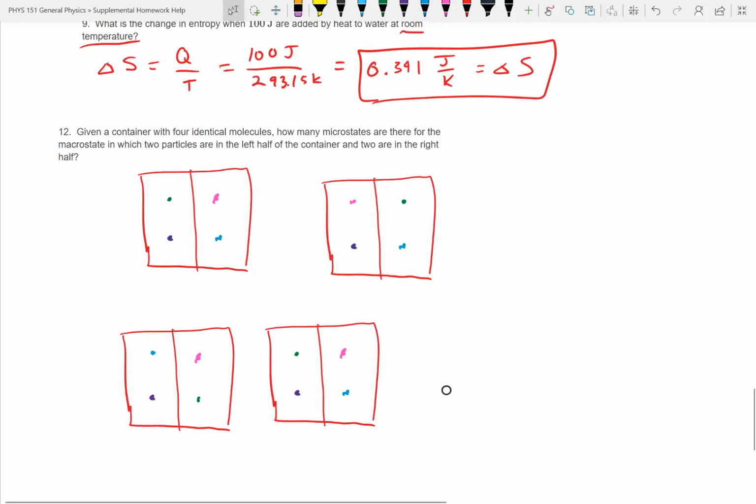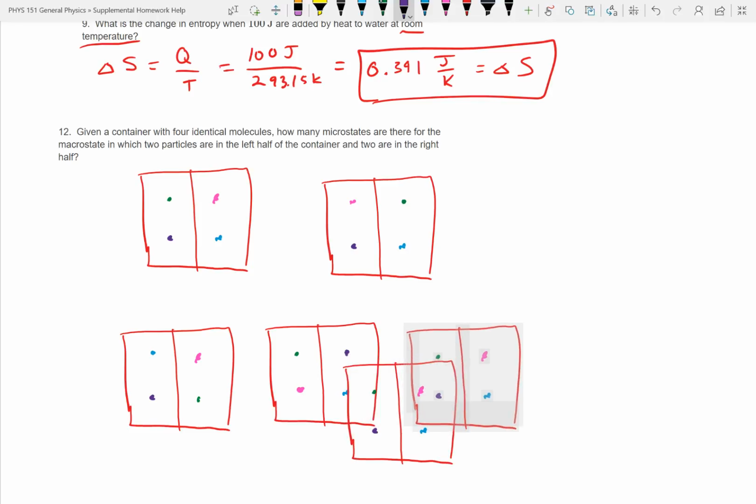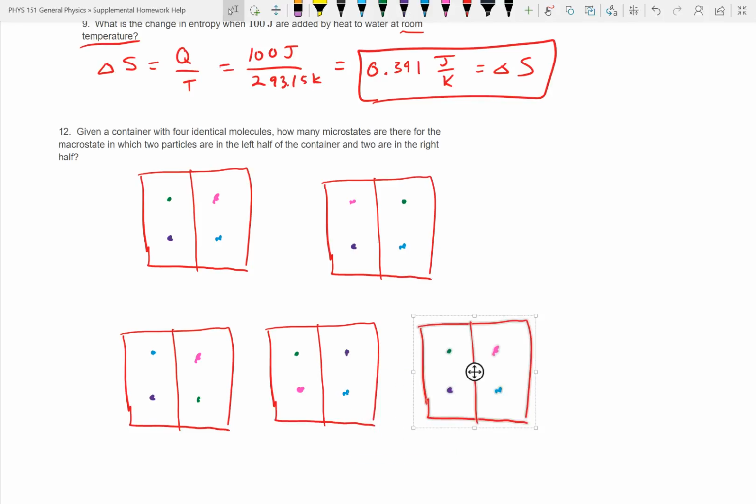So I have done my exchanges for the top. Now I'll do exchanges for the bottom. So there I did another exchange. And finally, the last one will be exchange those two.